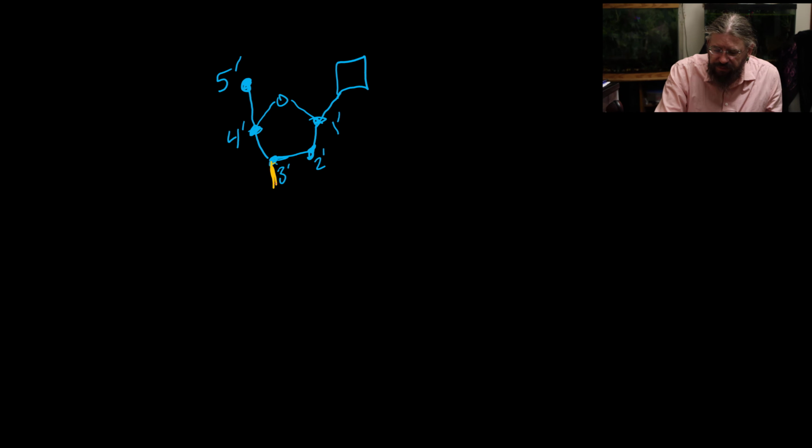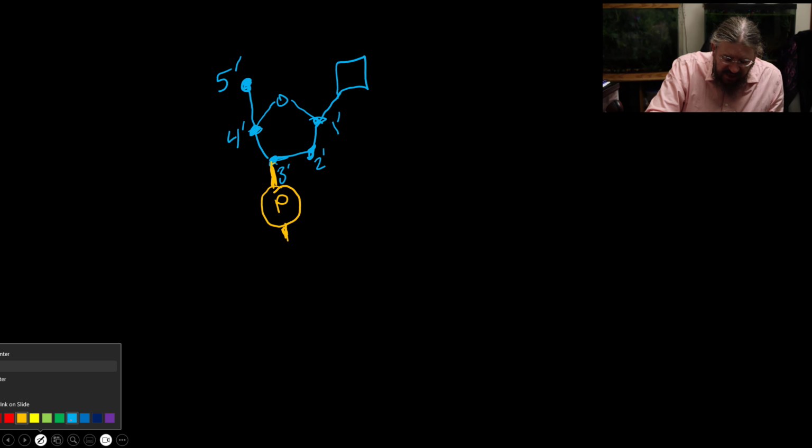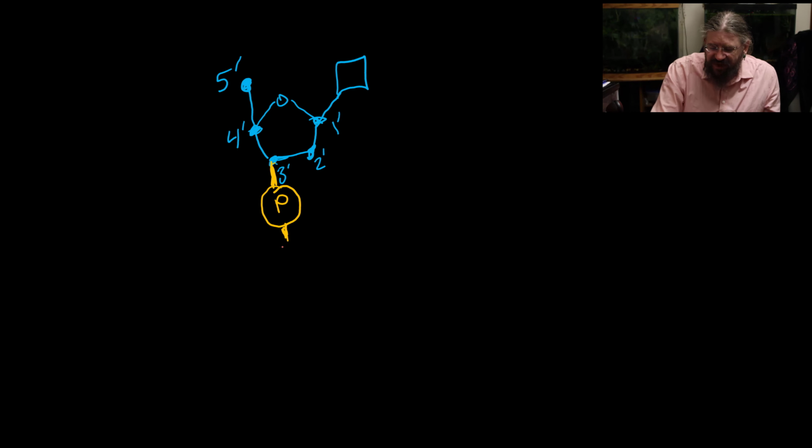So, one of the universal rules about binding to hold these nucleotides together is that a phosphate always connects the 3' carbon of a carbohydrate to the 5' carbon of the next one down. So it's always a bond between a 3' and a 5'.